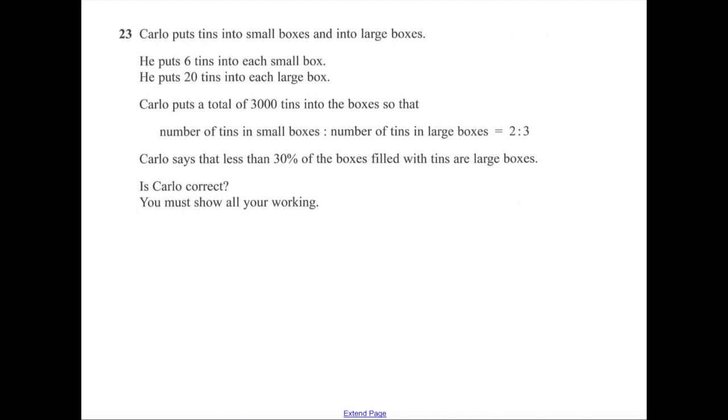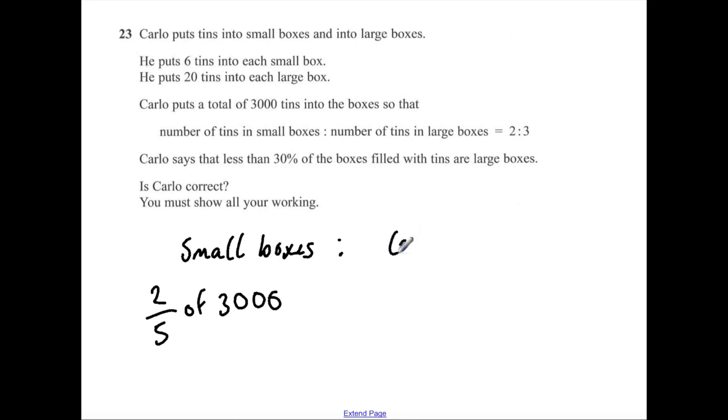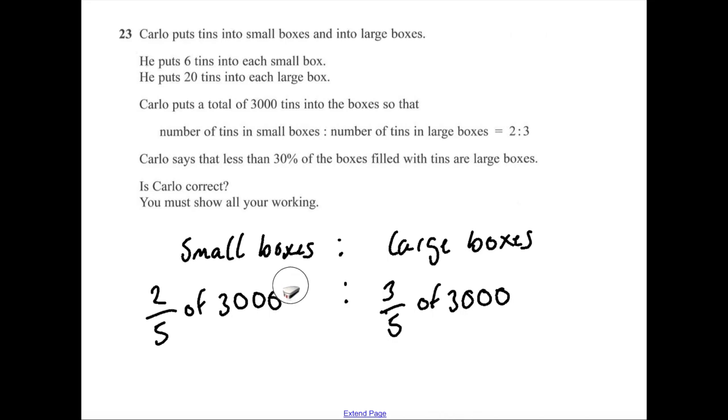Now to work out the number of tins in small boxes to the number of tins in large boxes, what we need to do, let me write down small boxes, is to work out what 2/5 of 3,000 is, and large boxes three-fifths of 3,000. That looks like a sixth.